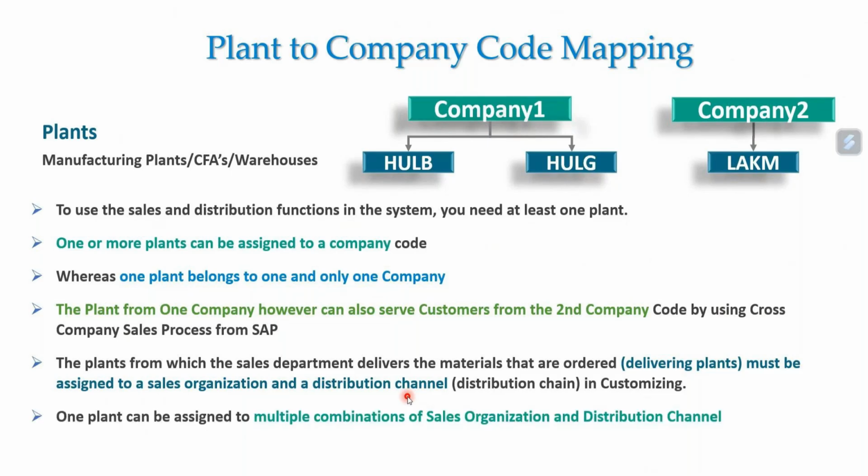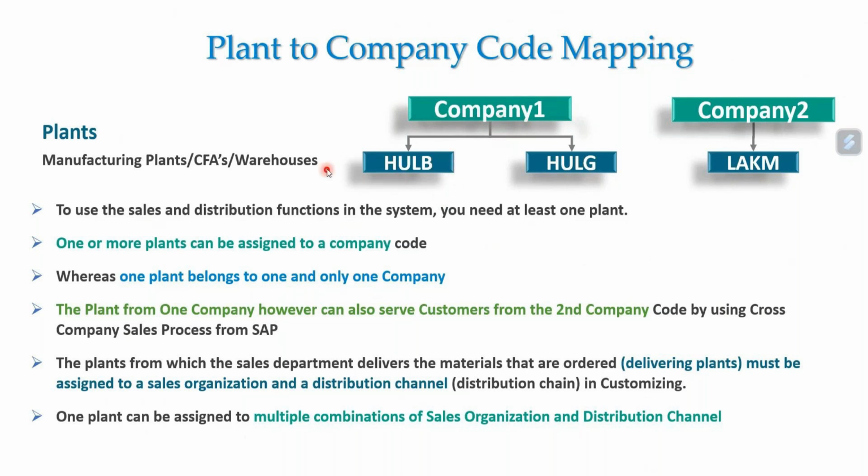Okay, and one plant can be assigned to multiple sales orgs and channels. Why? Because ultimately one plant could be serving modern trade, it could also be serving traditional trade, e-commerce, canteens, it can be serving anyone, right?